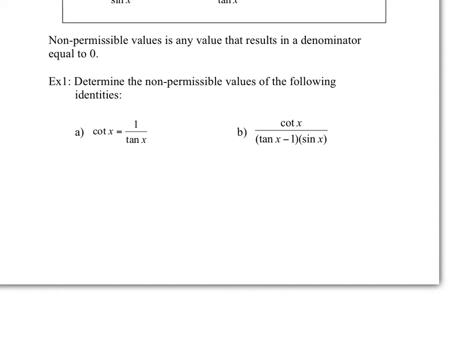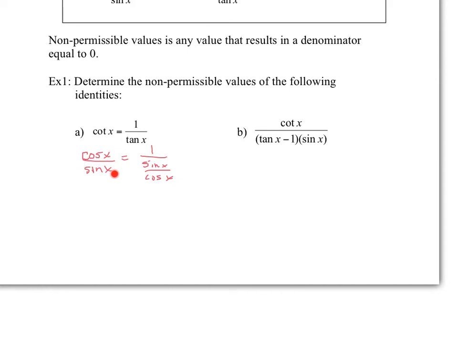So cotan, for example in this one, cotan is cos x over sine x. And here on the right hand side, this is 1 over sine x over cos x. Well, any value that makes a denominator equal 0 will have issues.